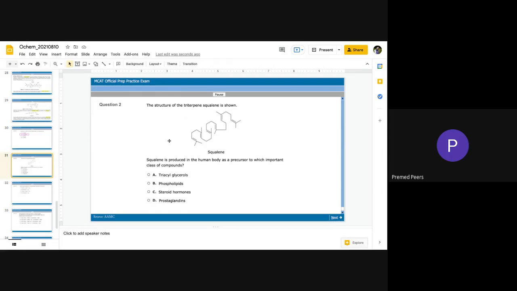All right. So question 2 talks about squalene. One of the first things that came into my mind is that the paragraph itself, the essay itself, doesn't even talk about squalene. Where's this coming from?